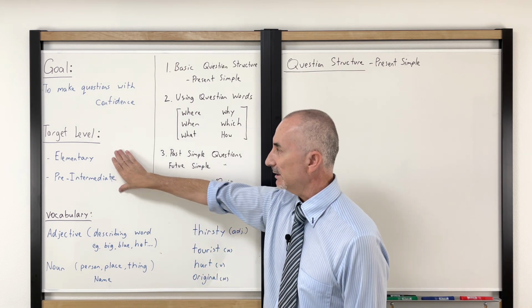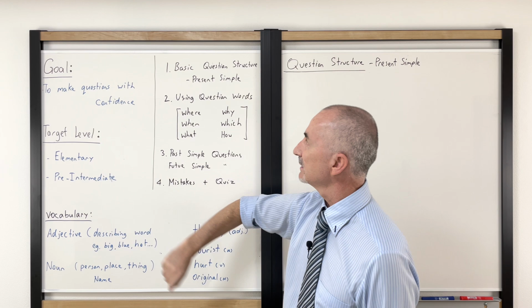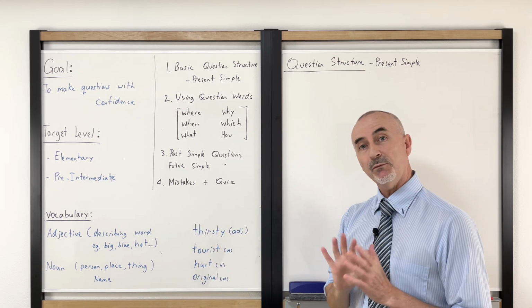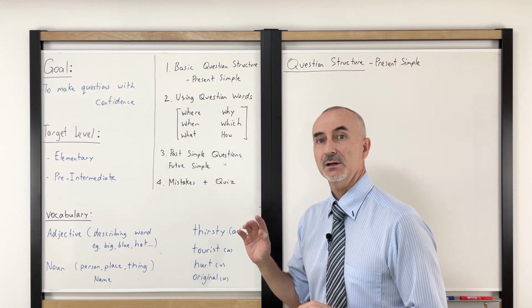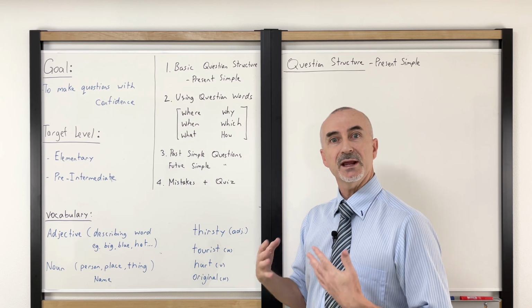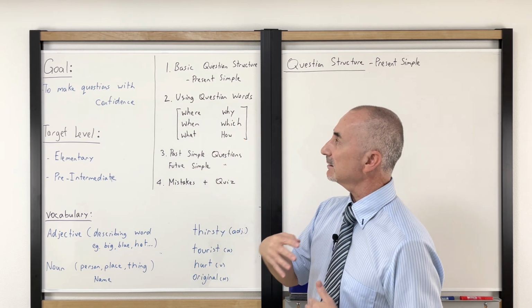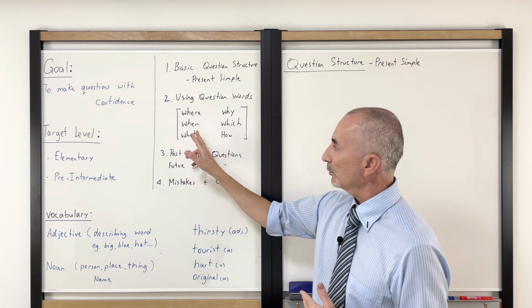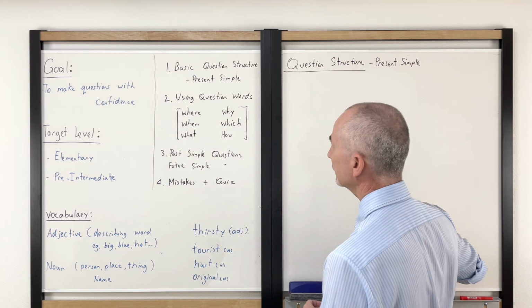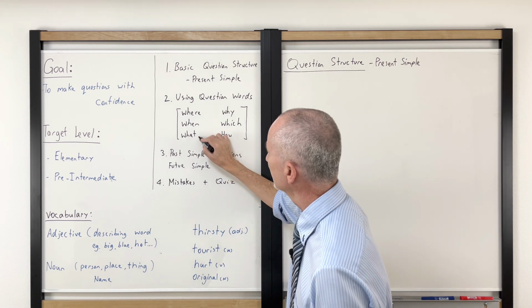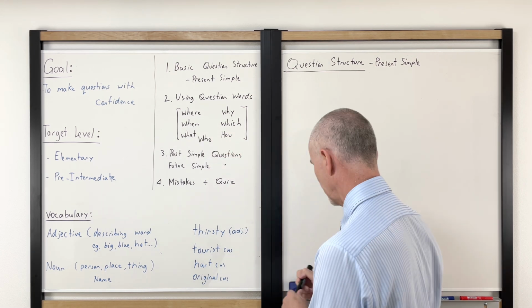Okay, target level is lower level students, and the lesson will have 4 parts. First, I'm going to start by showing you how to make questions in the present simple. Then I will introduce some question words, and I've left one off there. Who?